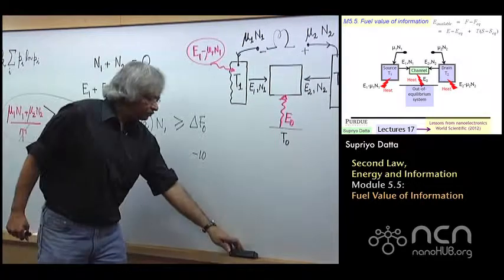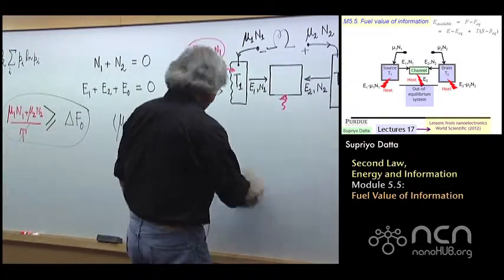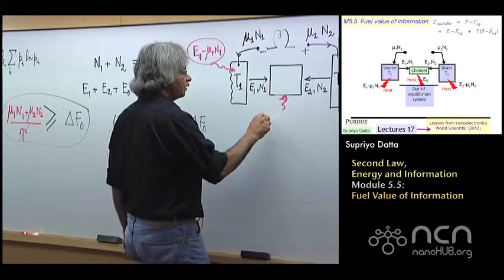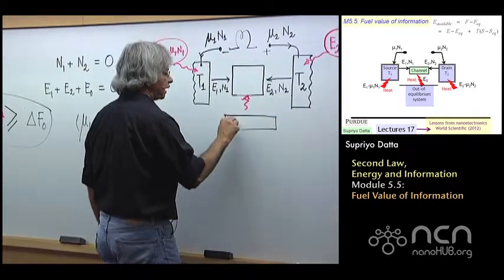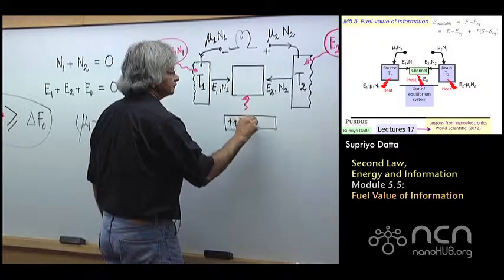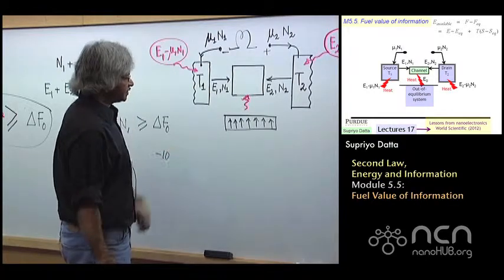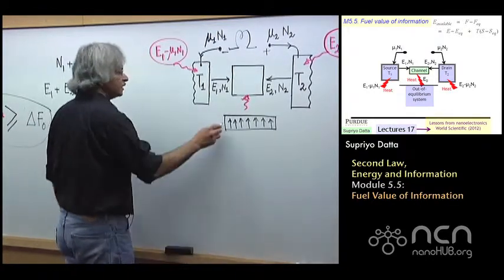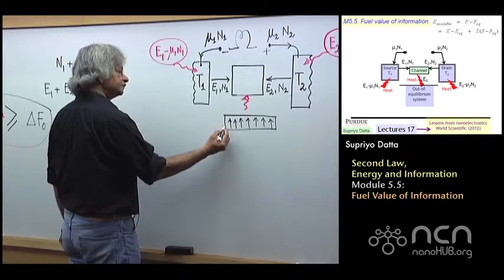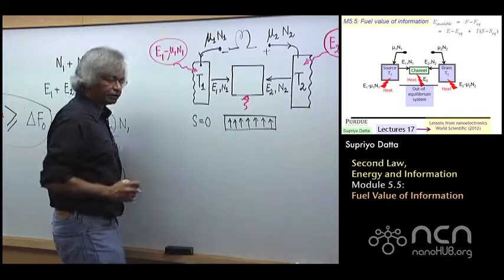So if we are considering then a system of spins like this, where you have a bunch of spins which are all sitting up, and since they're all pointing upwards, it means that the corresponding entropy is 0, as we discussed in the last module.